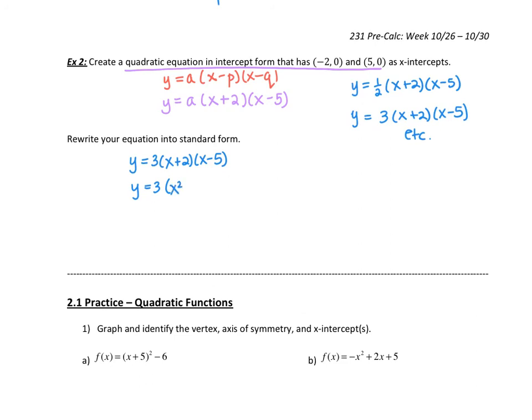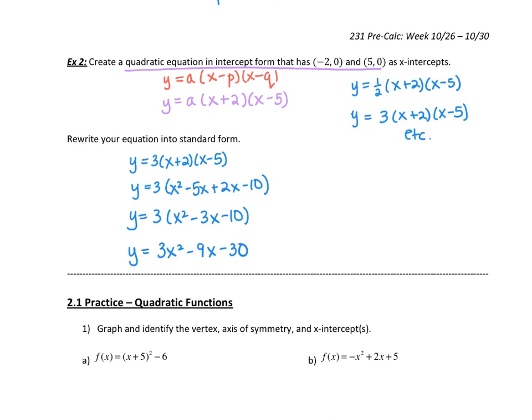So x squared minus 5x plus 2x minus 10. Simplifying, I have x squared minus 3x minus 10. And then distributing the 3, I have 3x squared minus 9x minus 30. And that's my equation in standard form. So whatever your equation is, you just gotta multiply it out.